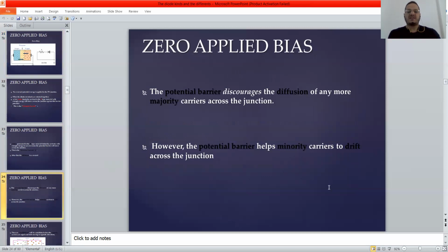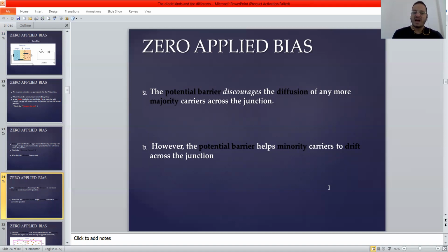The potential barrier discourages the diffusion of any more majority carriers across the junction. The potential barrier will be an important coefficient to us because it will discourage the diffusion of any more majority carriers across the junction.